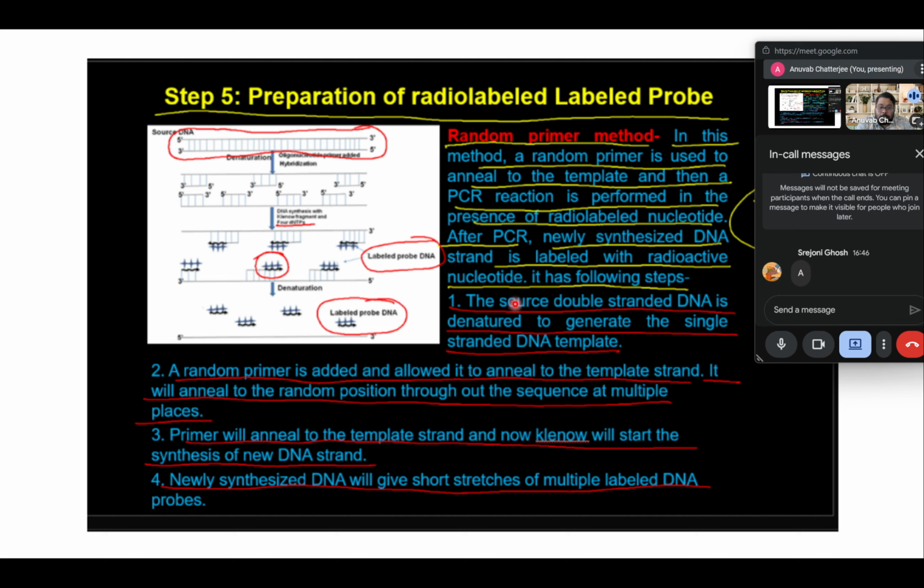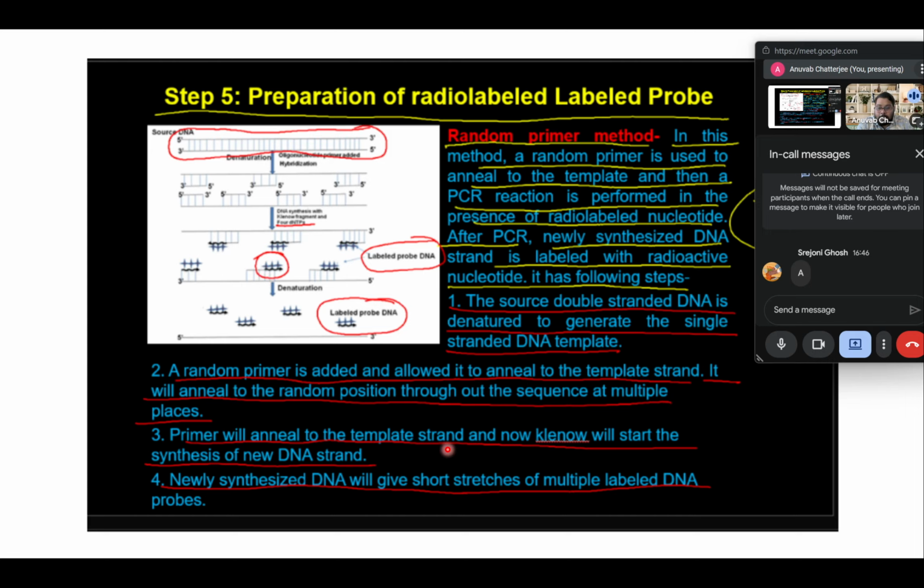In random priming, the source double-stranded DNA is denatured to generate single-stranded DNA template. A random primer is added and allowed to anneal to the template strand. It will anneal to random positions throughout the sequence in multiple places, because the sequence is completely random, so it has chances to bind anywhere.